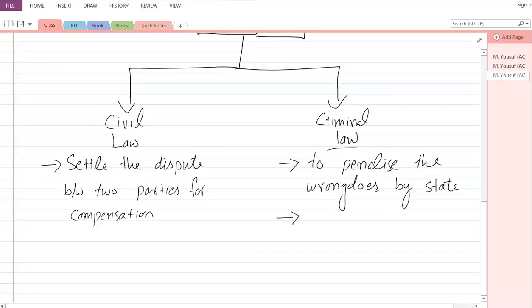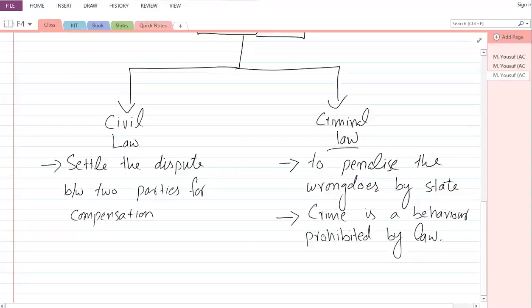To understand this, we must understand what a crime is. Crime is a behavior prohibited by law. Crime is any behavior, act or statement that is prohibited by law, that is not allowed by law.